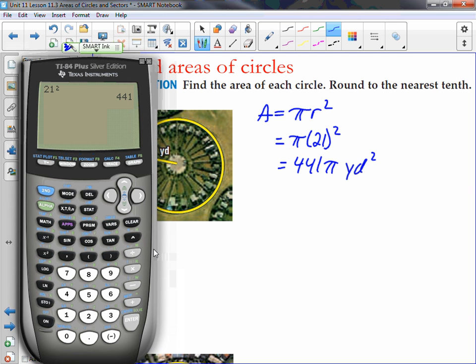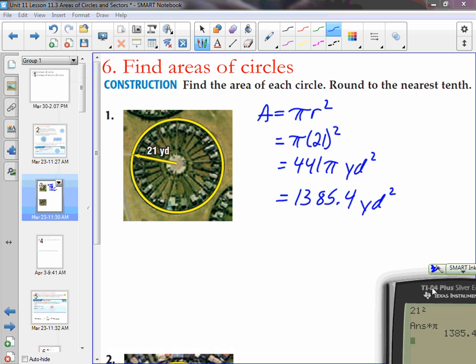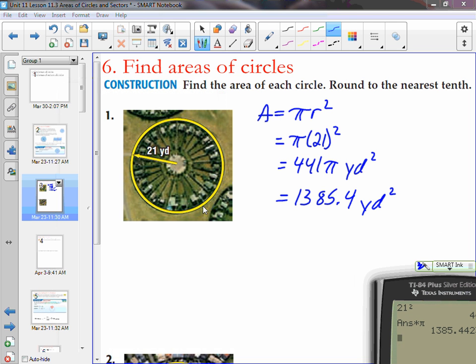So 441 times pi, and to the nearest tenth, we'll get 1,385.4 square yards. Okay? We okay with number 1?